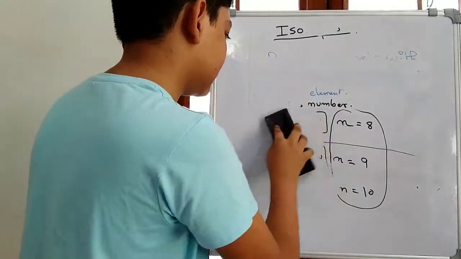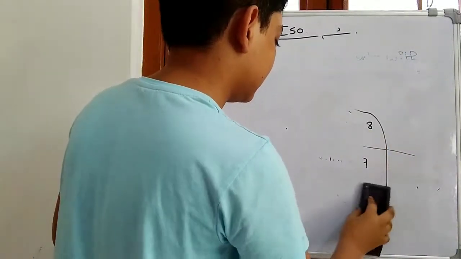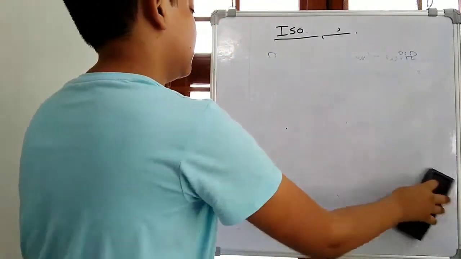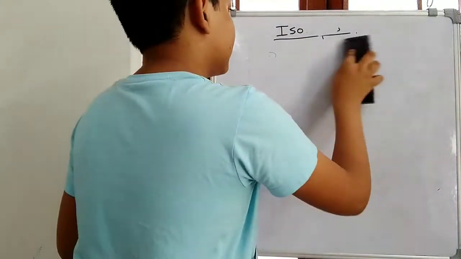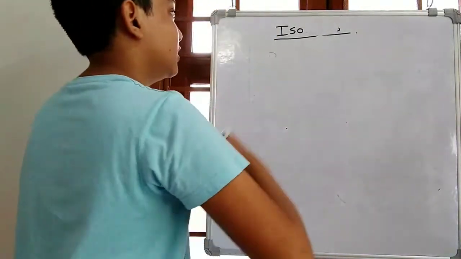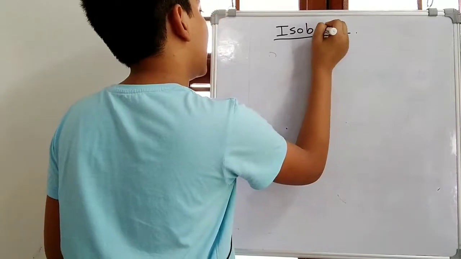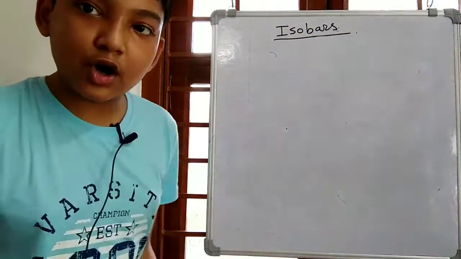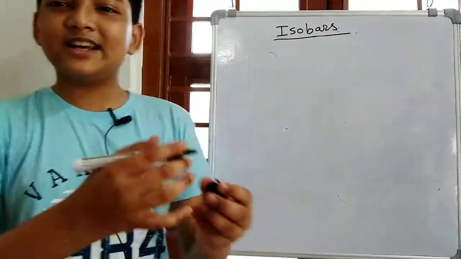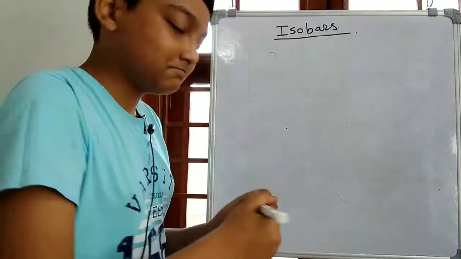I need to change the duster. The duster has become fully useless. Okay. So isotopes has been done. Isobars. So what does this isobar mean?